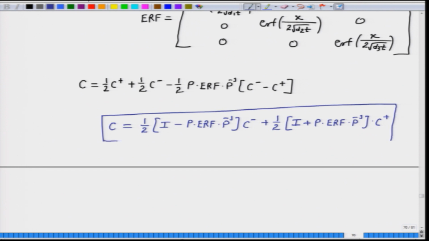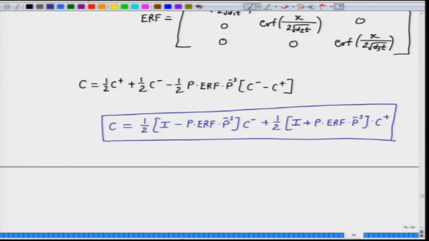This is a very simple looking solution in the matrix form. And remember, I illustrated this for quaternary while deriving the solution, but this is applicable for an n component system.